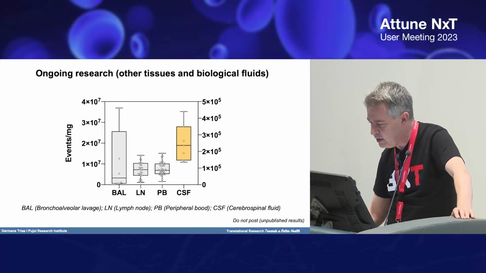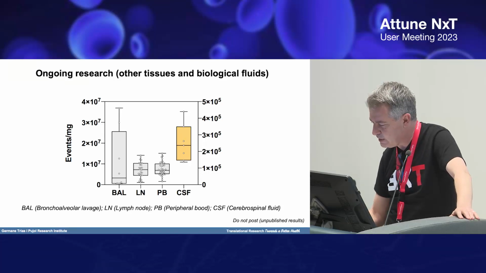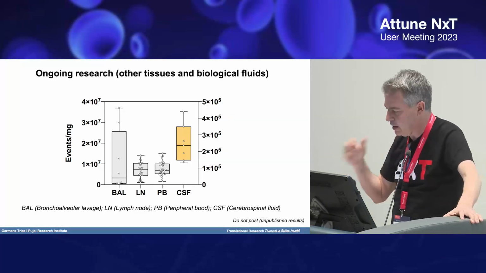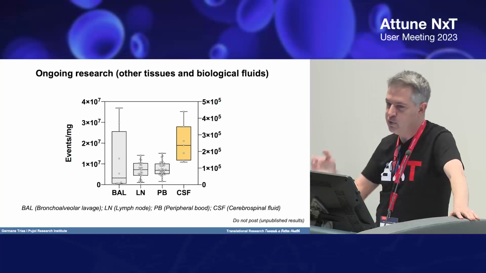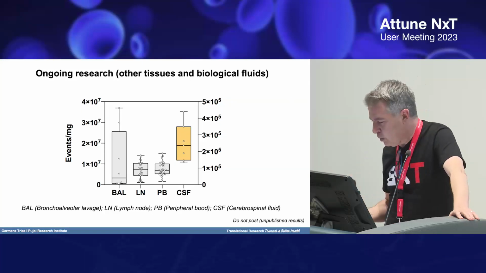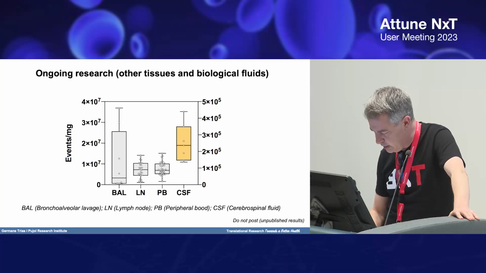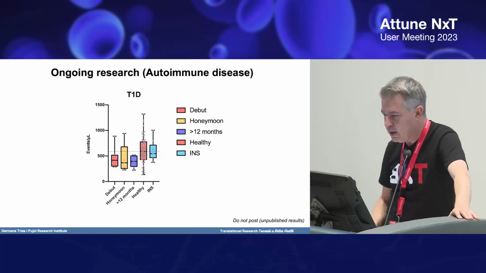But we can also detect the presence of nanoplastics in cerebrospinal fluid, indicating that these nanoplastics are crossing all the barriers, as we demonstrated preliminarily with the detection of these nanoplastics in newborns.